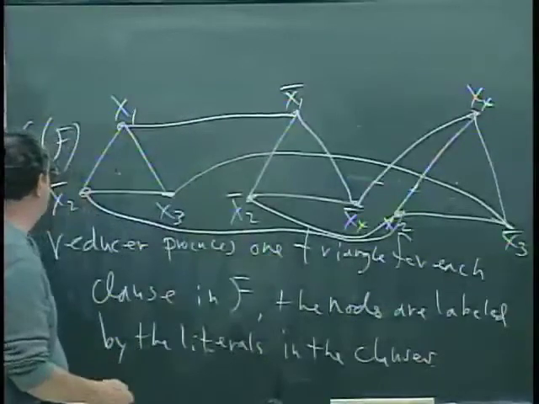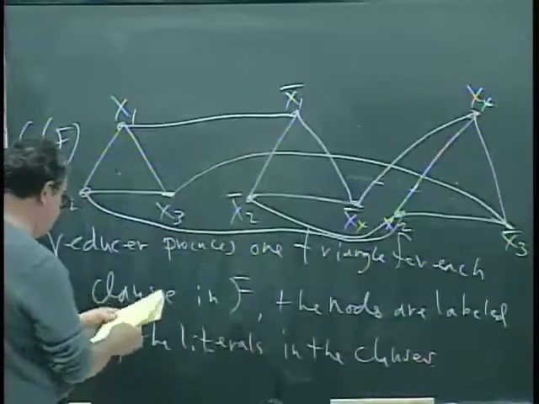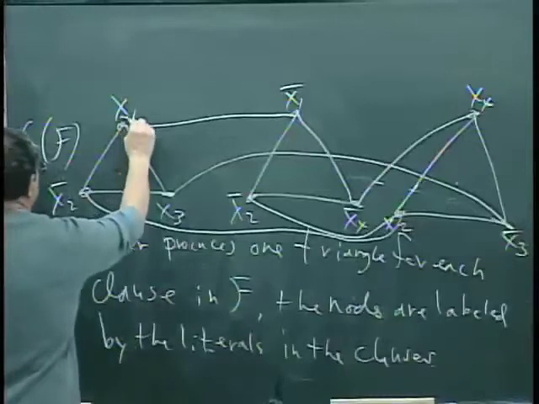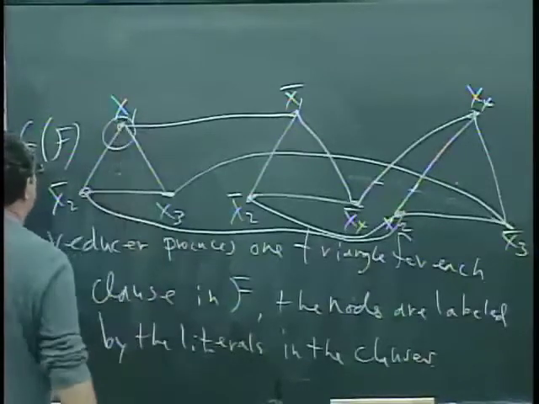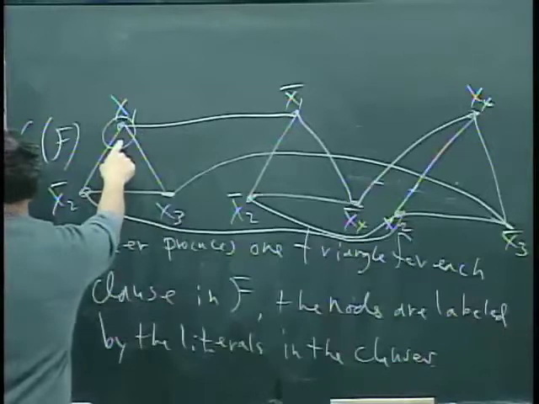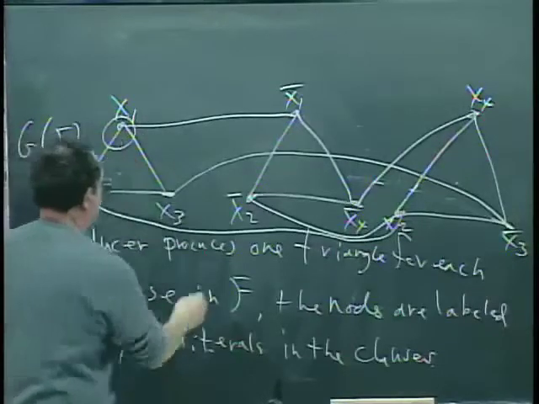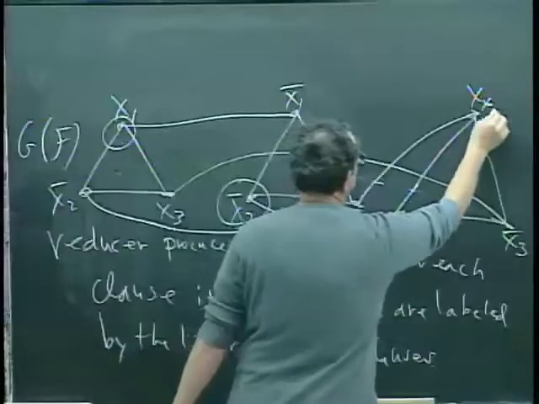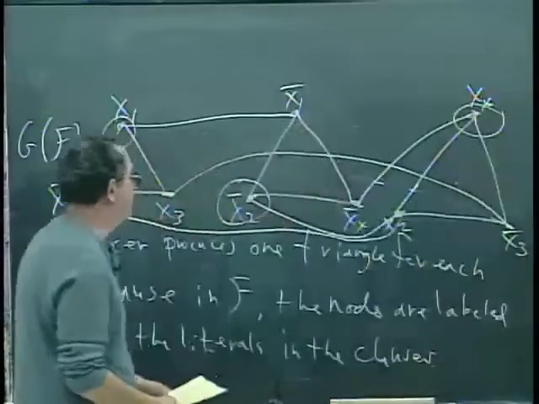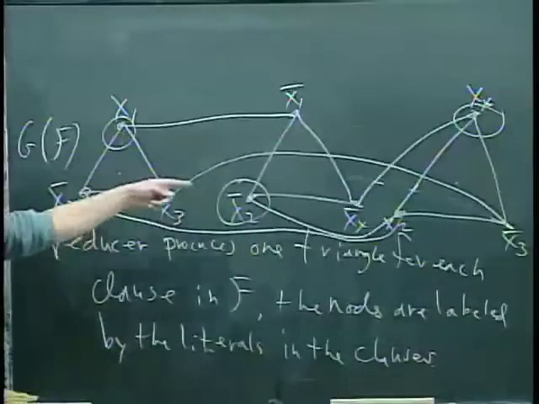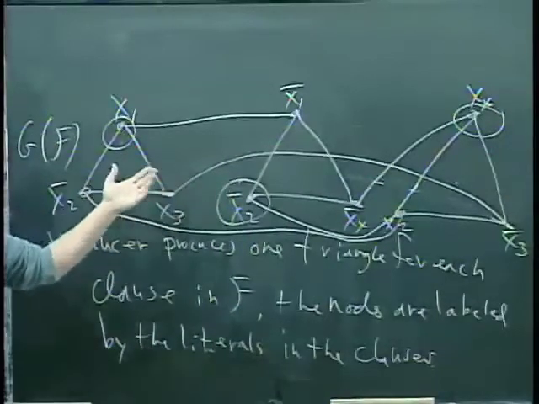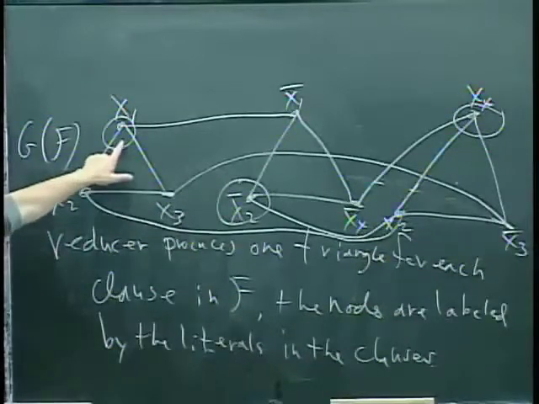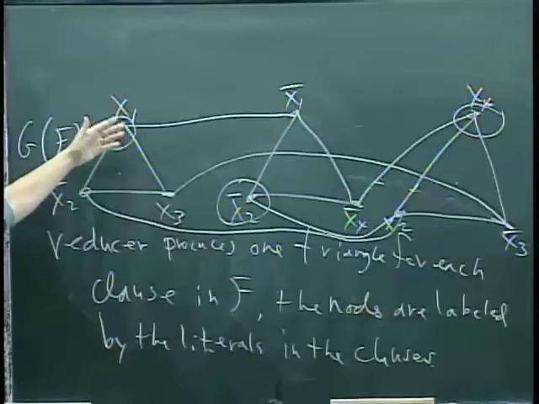So if I do find a subset that is an independent set with one in each triangle, let's say I take x1 there, and then I take x2 bar, and I take x4, okay, that's an independent set of size equal to the number of triangles, size equal to the number of clauses. Okay? And the interpretation is that these are the literals that should be made true.